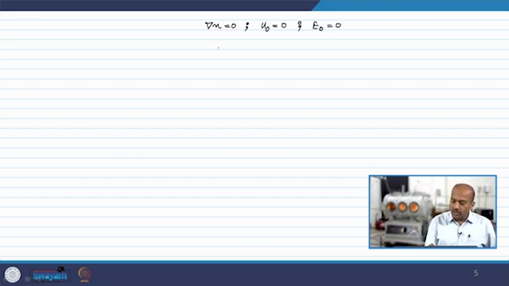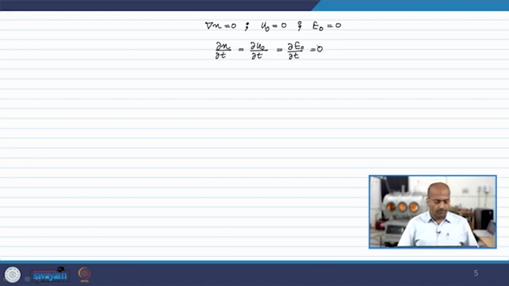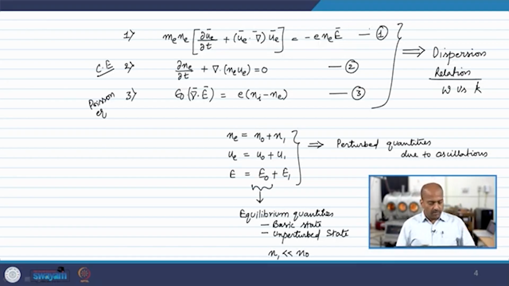Right. So, what we can say is dou n naught by dou t is equal to dou u naught by dou t is equal to dou E naught by dou t would simply be 0. Let us call this condition A, and for reference we have equations 1, 2 and 3.